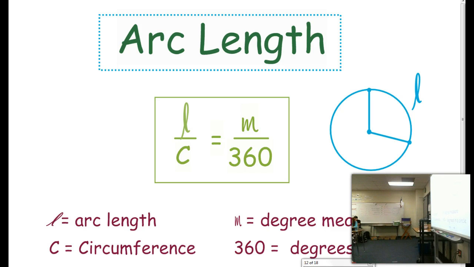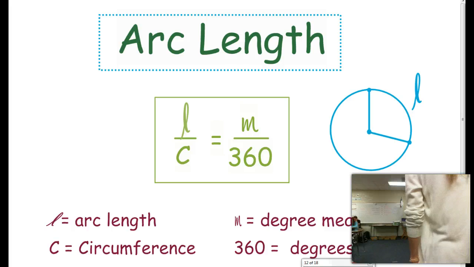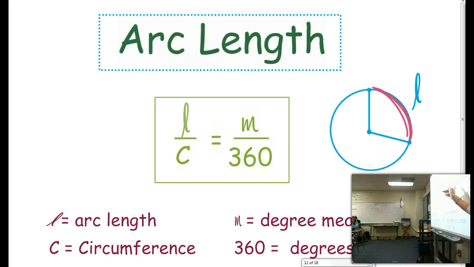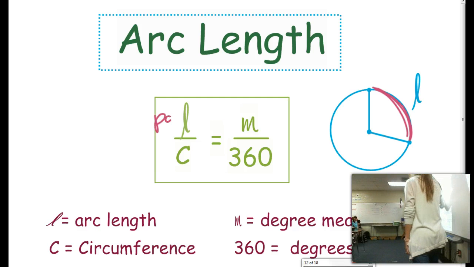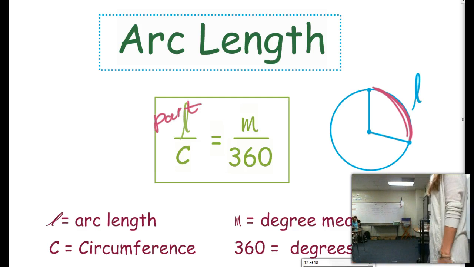I promise. So, arc length over circumference equals the measure of the angle over 360. This proportion, we'll always give it to you. It's actually not on your formula chart, but during quizzes and tests, we'll put it on the board. But I kind of want you to know how it works. What this is pretty much saying is the arc length, which is part of the circle, over the circumference, which is the whole.